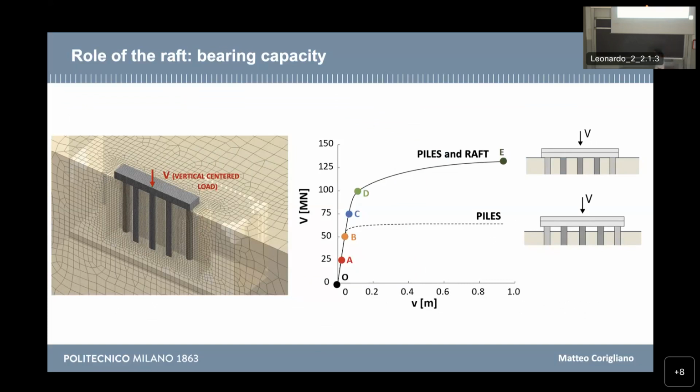And from this slide, we can understand the importance of considering the raft interacting with the soil.